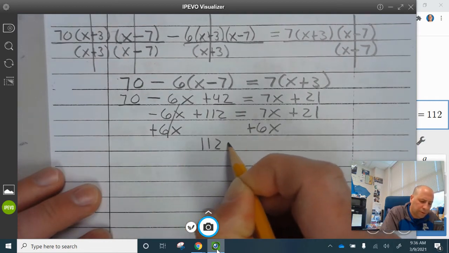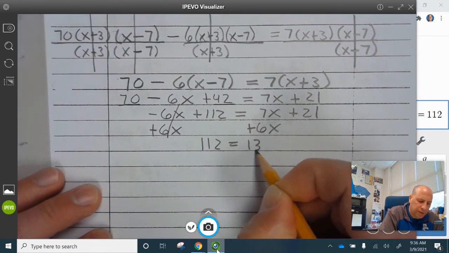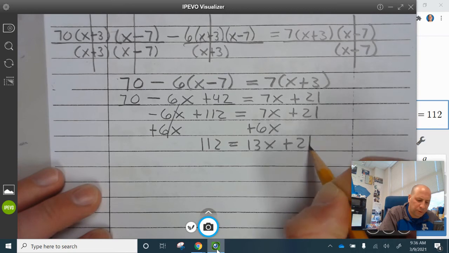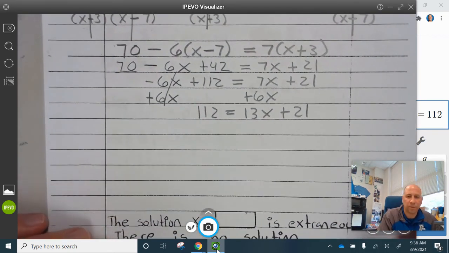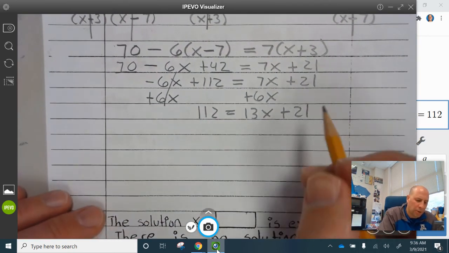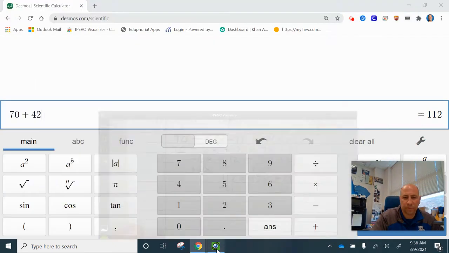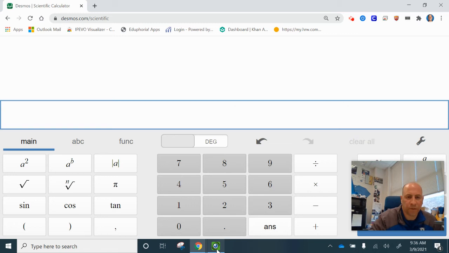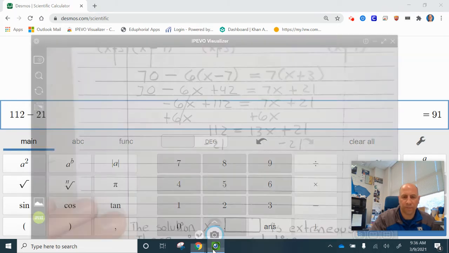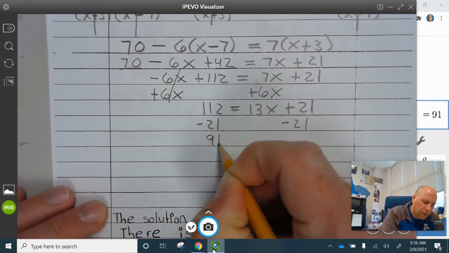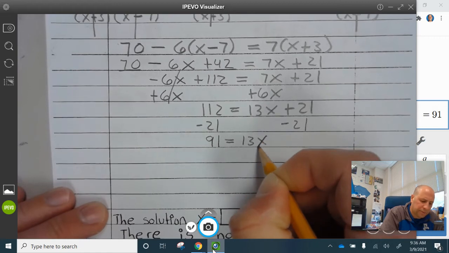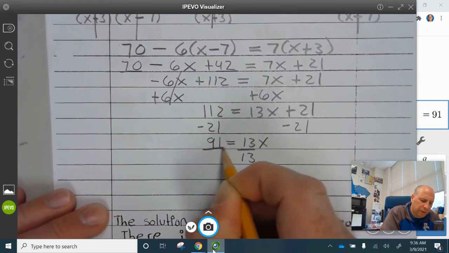You're left with 112 equals 13x plus 21. Okay. Now we're going to subtract 21 from both sides. So 112 minus 21 is 91. So 91 equals 13x. Divide both sides by 13.